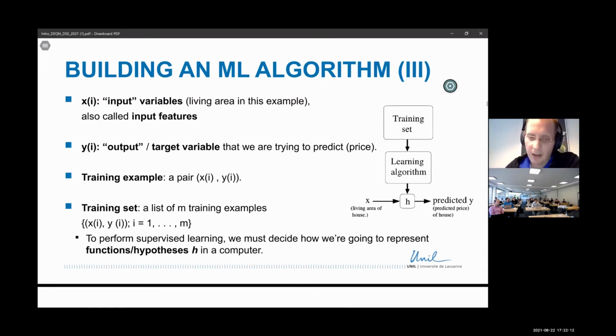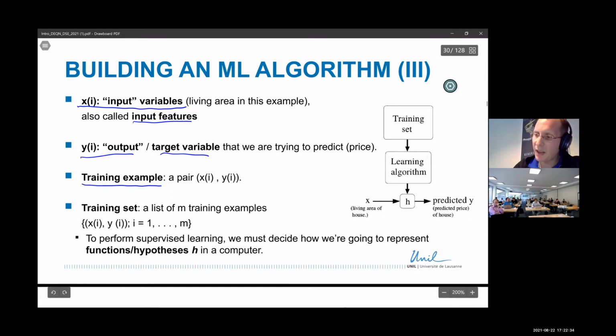Now, the building blocks, as I said, are X and Y for this sort of algorithm. So X in the terminology would be called the input variables or input features. The Y would be called the output or the target variables. Then in the language of machine learning, you have the training sample.